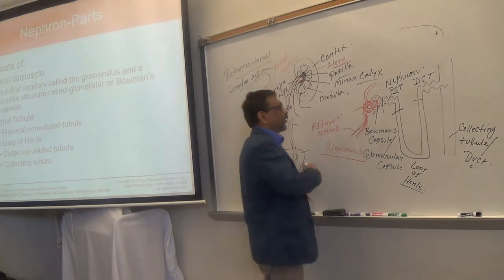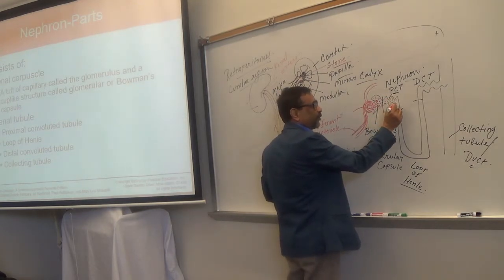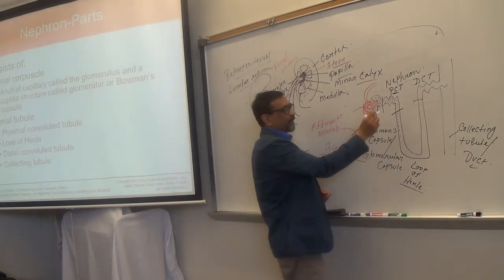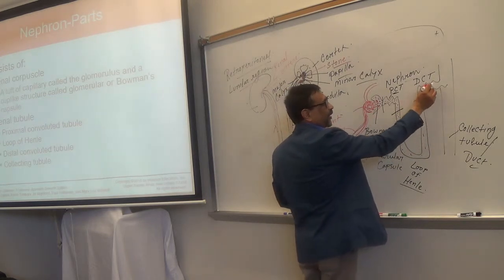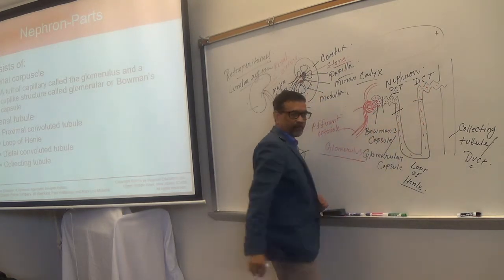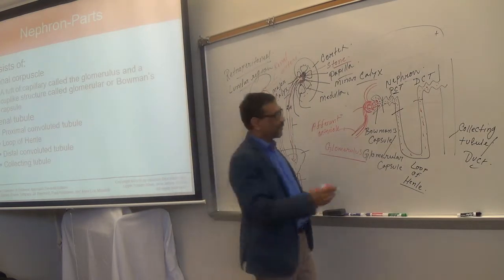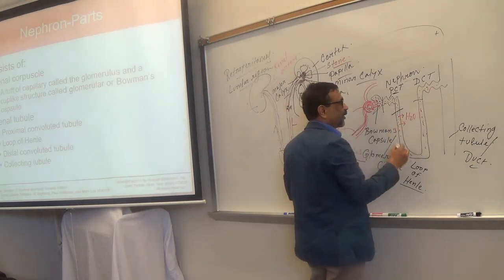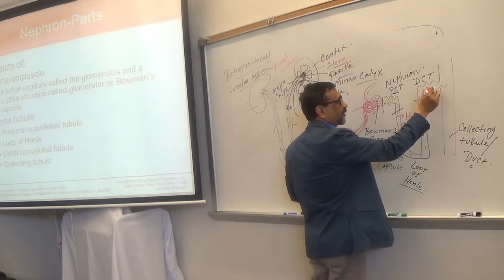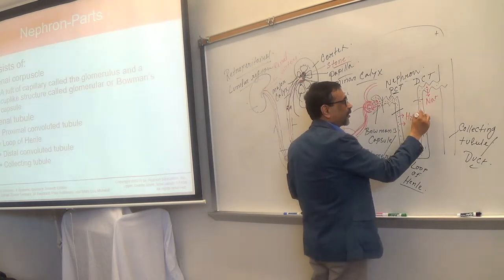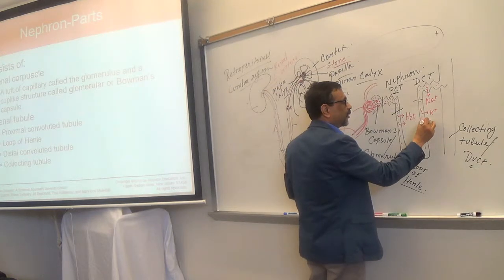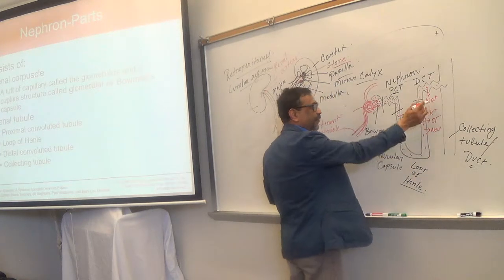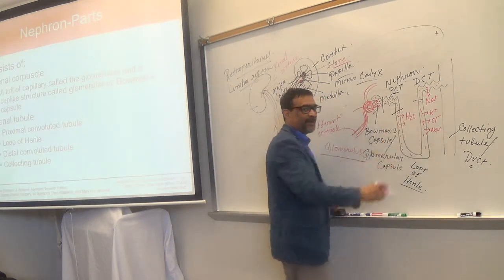And then the fluid will start to move this way. Now, in the tube, the nephron, two things happen. In some locations, water is taken back into the body. In some locations, other chemicals like sodium, potassium, chloride, those chemicals get out from the nephron.